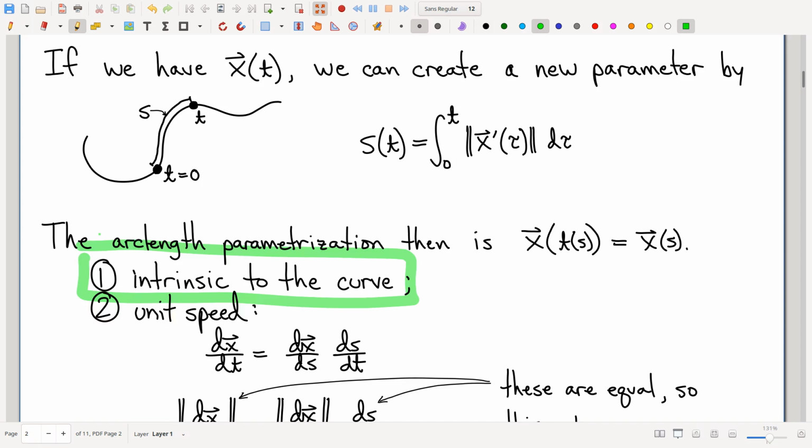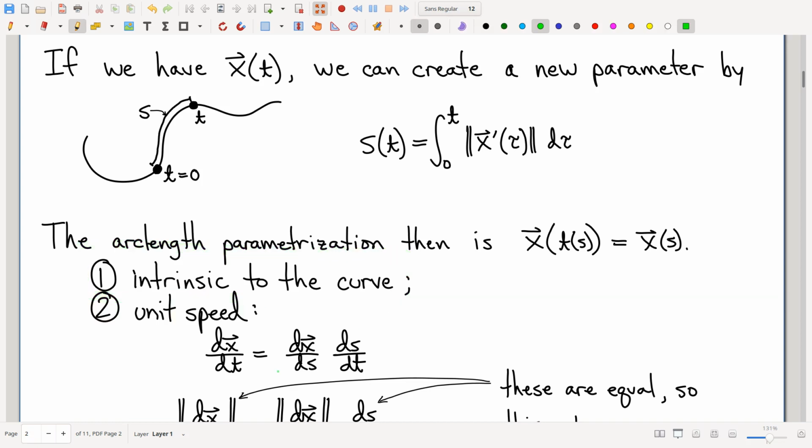There's exactly one point on the road that is 17 miles beyond that starting point. It doesn't matter how fast you drove there. Right? So an arc length parameterization is natural. It's only dependent on the curve itself. It doesn't depend on how you drive on the road. So anyway, that's kind of a cool thing, this naturality.